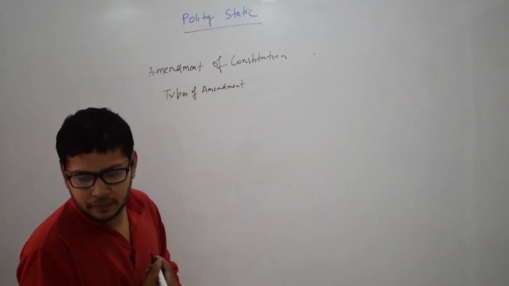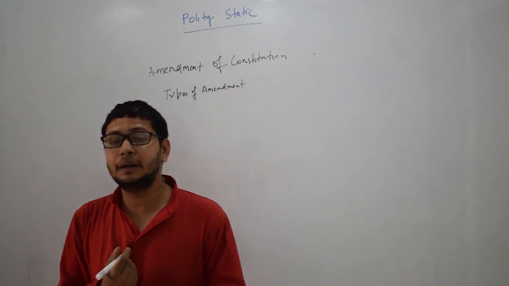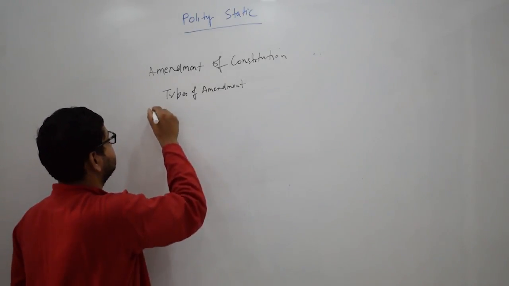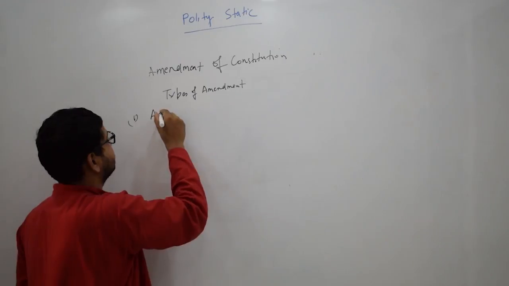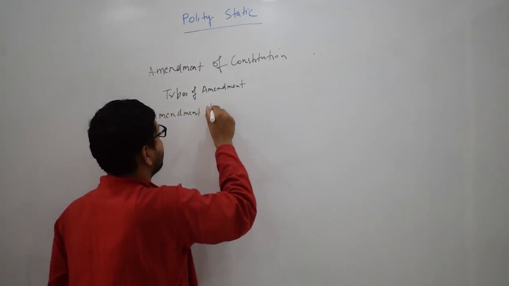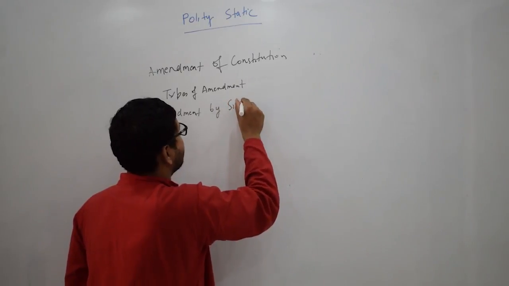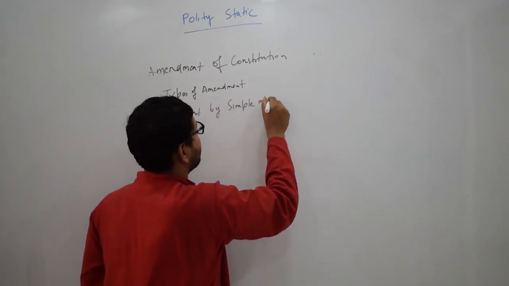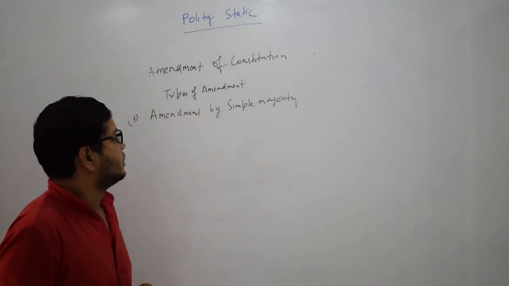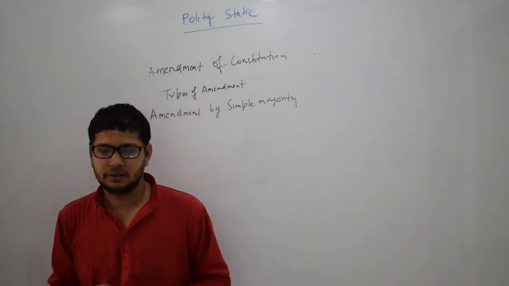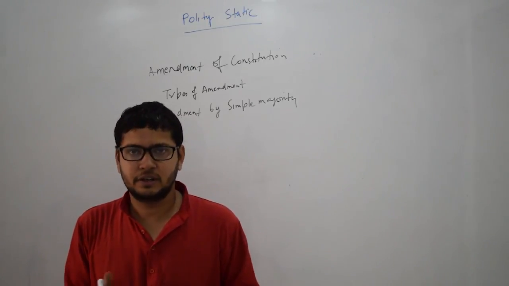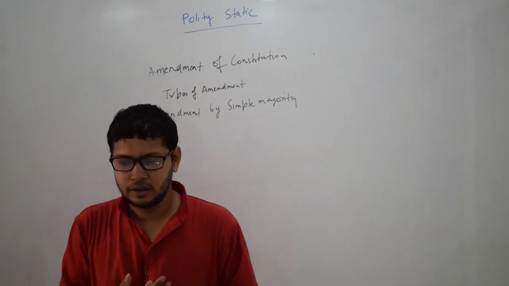First type of amendment is amendment by simple majority of Parliament. Now this amendment requires just a simple majority, which means 50% of the people.